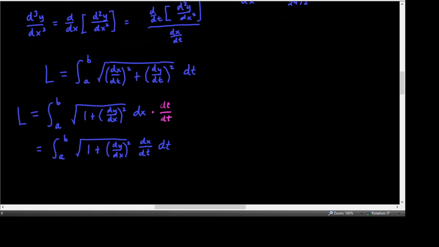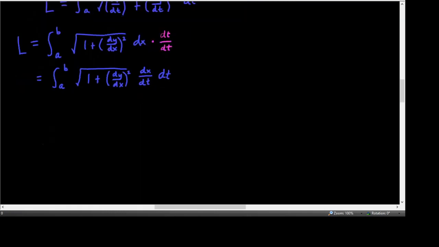Right. Then I can rewrite the dx dt as a radical, and that's the same thing as saying the square root of dx dt quantity squared.